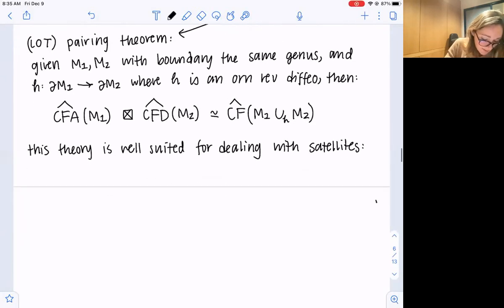We can take, for example, the type A structure of our companion knot, some knot K in S3.